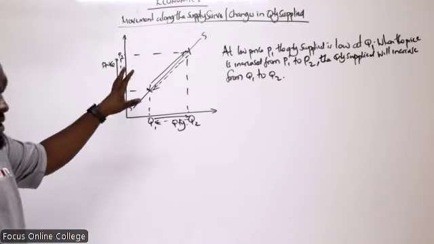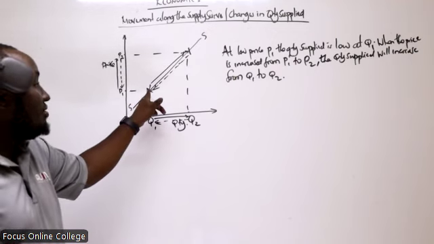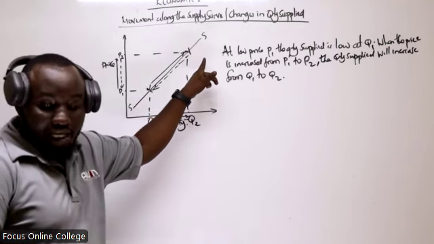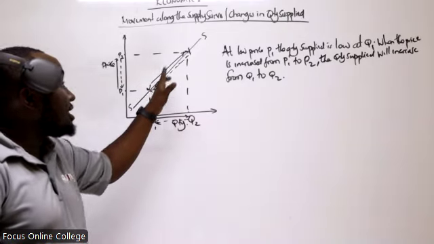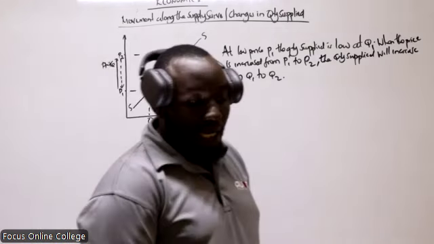While that is happening, when you increase the price, what is going to happen along the supply curve? We have it moving from X to Y. Are we able to see that?